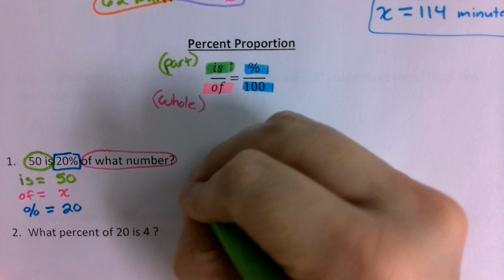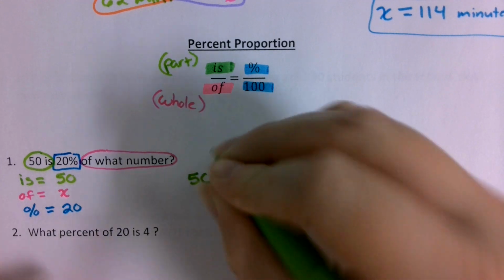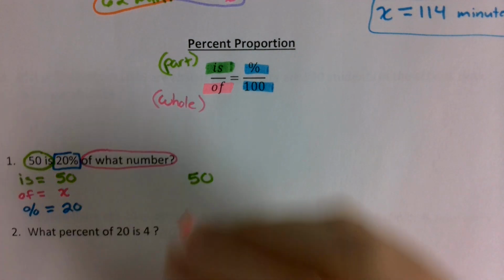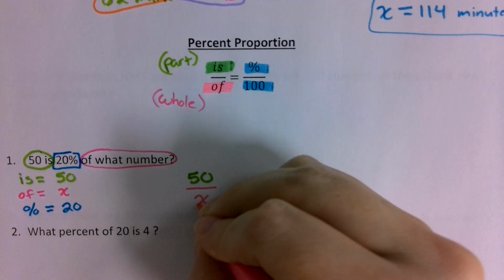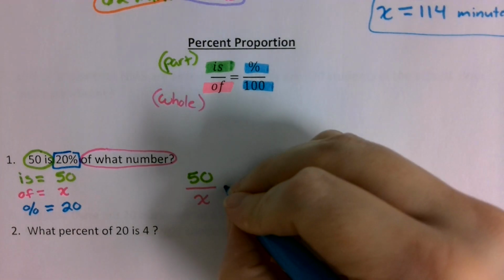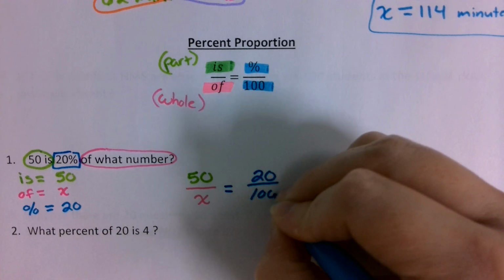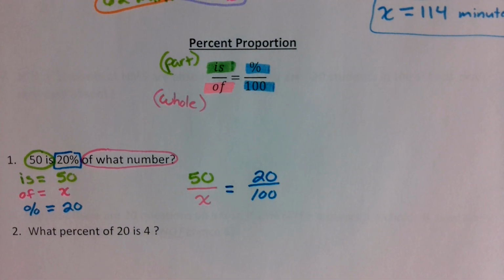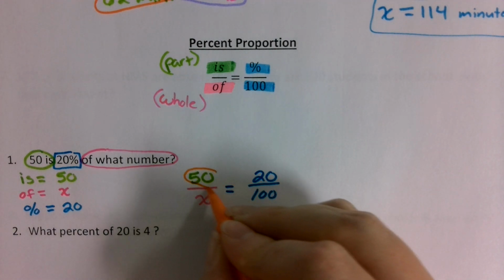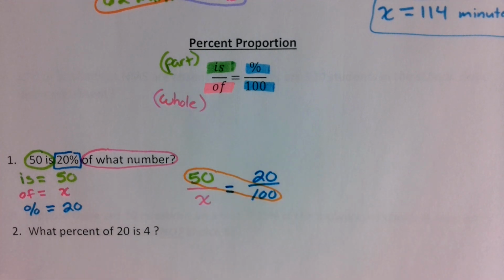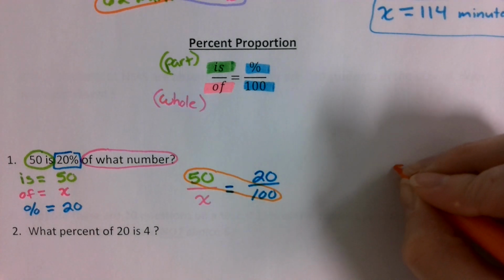So it's always going to be is over the of equals percent over 100. So now that you've set up your proportion, you can do that cross product. We multiply our 50 times 100, and that gives us 5,000.